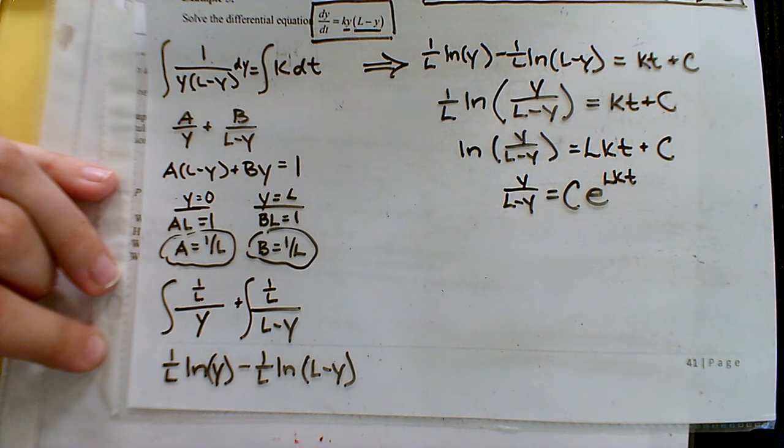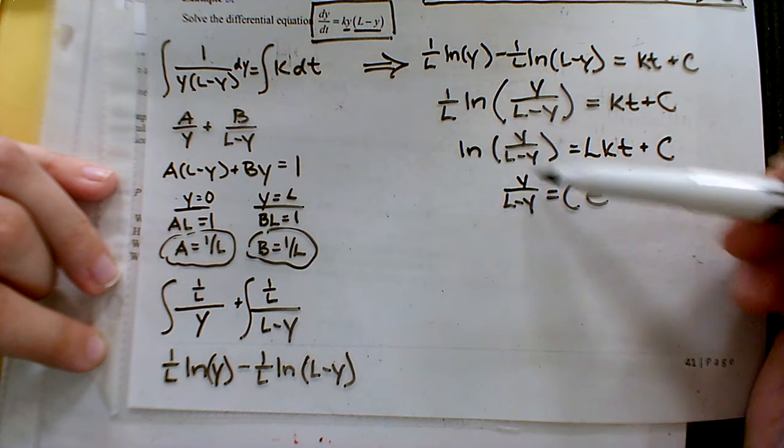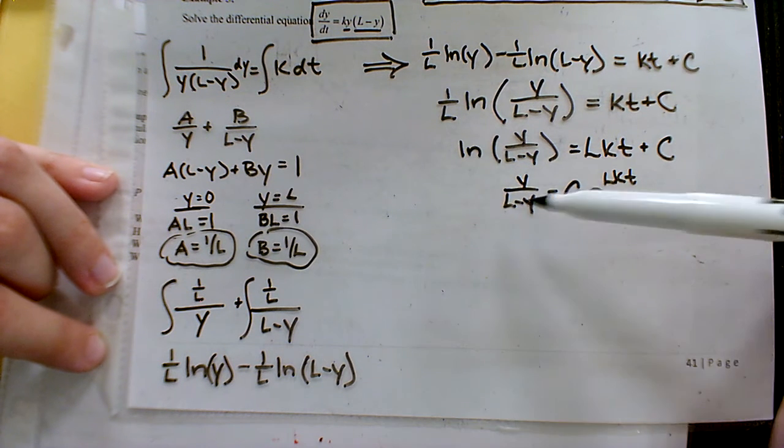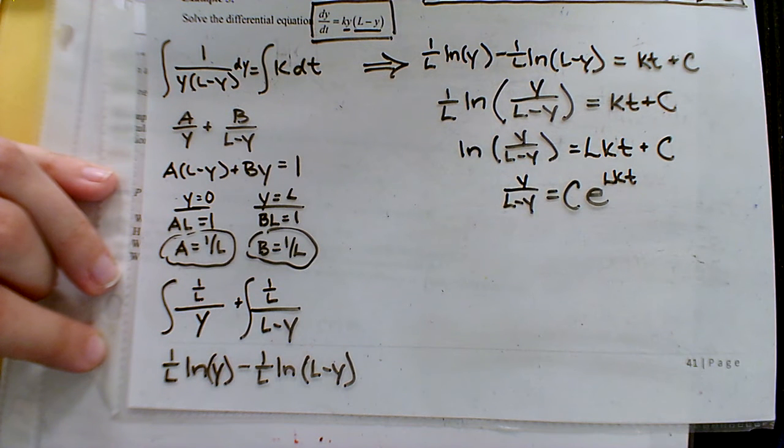What do you guys want to do next? We still have 2 y's. Somehow we got to get it down to 1. Let's see. I don't like working with fractions, and I'm sure you guys feel the same way. So what if we took the denominator and multiplied it over? Do you think we could do that?